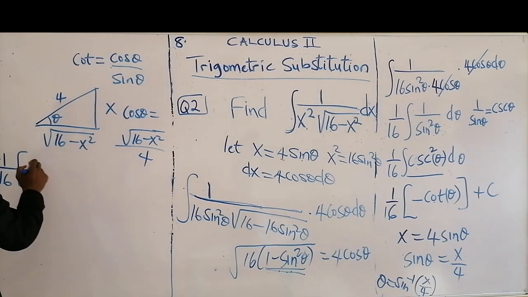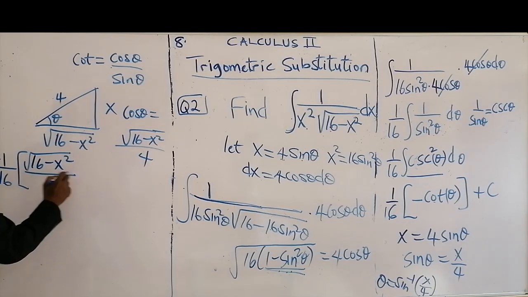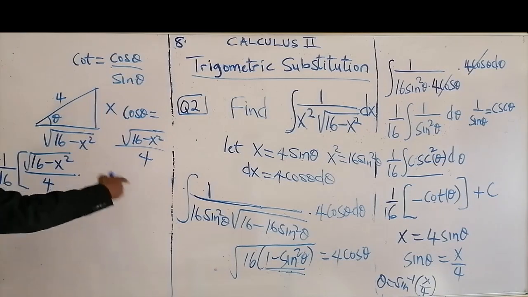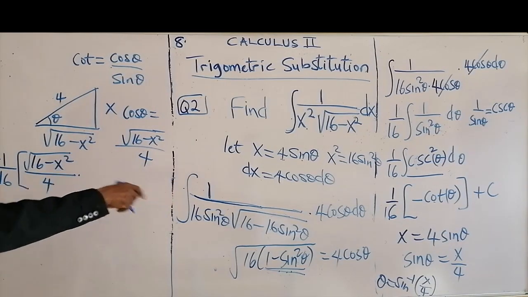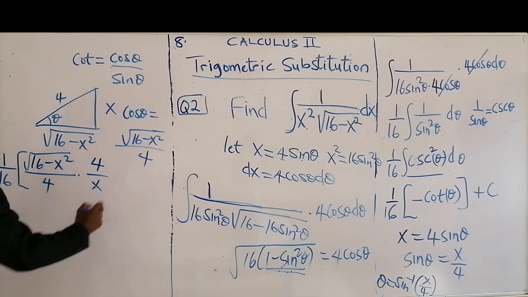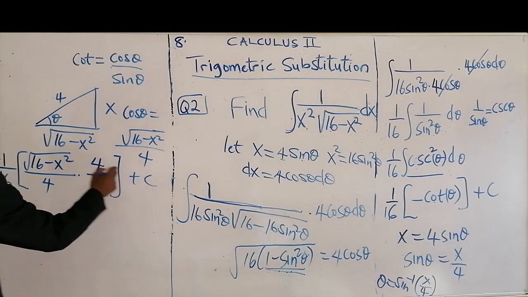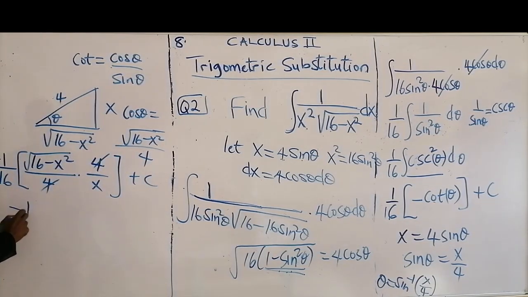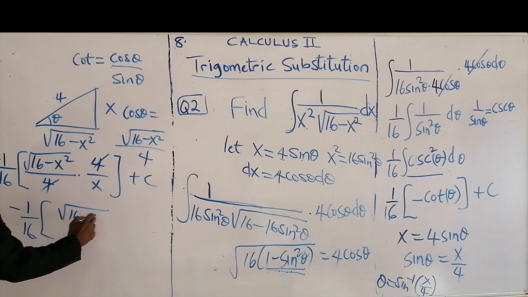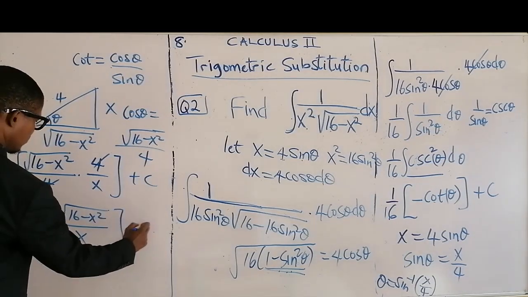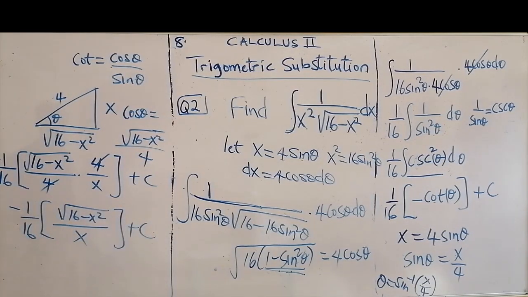This is my cos: the square root of 16 minus x squared over 4. And sine theta is x over 4, so that will be flipped upside down because of the division. Plus c. The 4s cancel. So we now have minus 1 over 16 times the square root of 16 minus x squared over x plus c. That is the answer for this question.